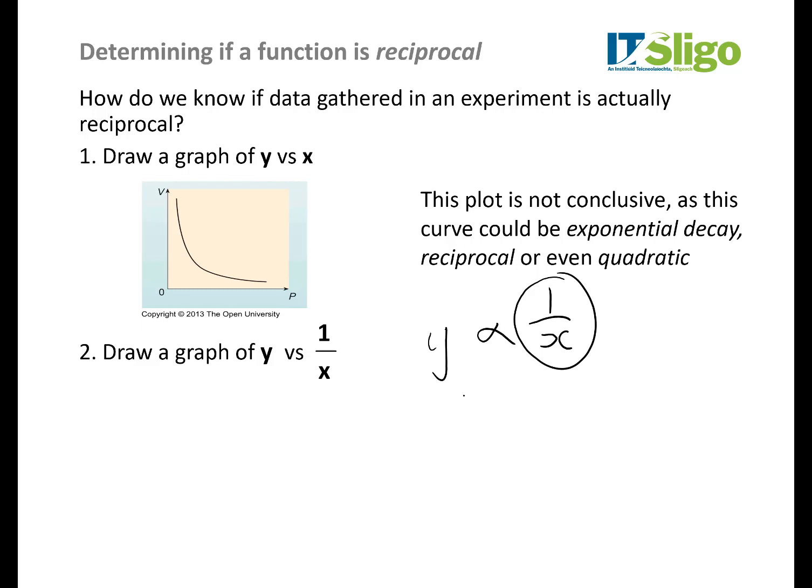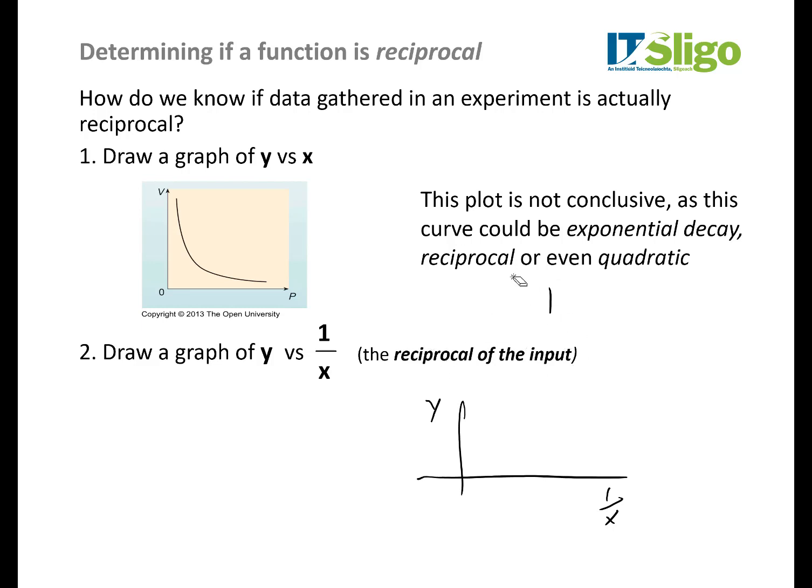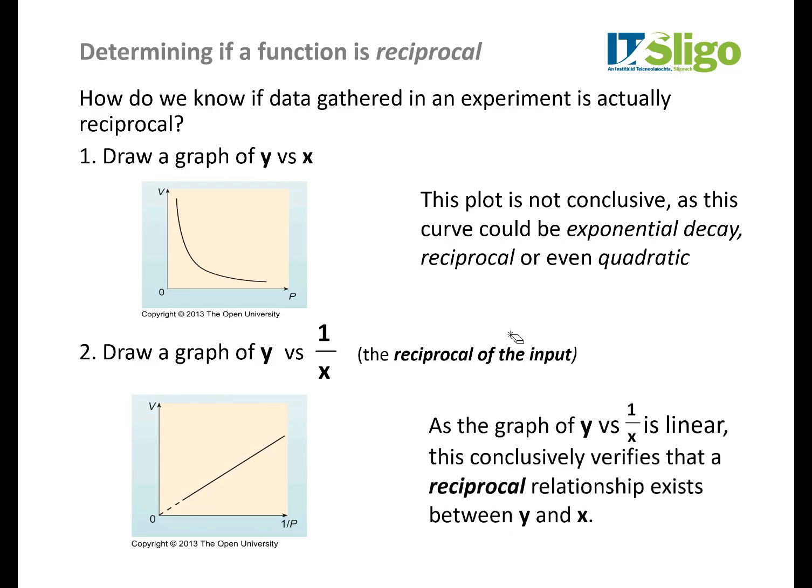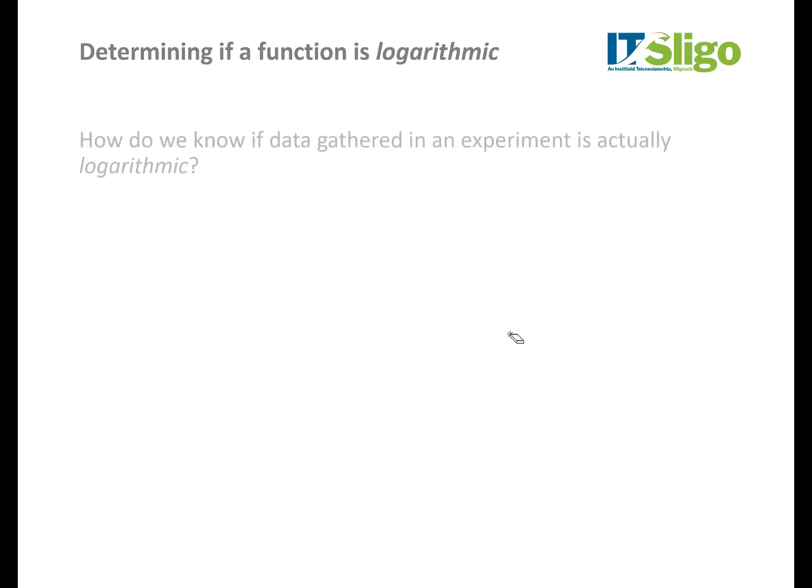Determine 1 over x for each x value, and then plot that versus y. And if we get a straight line, then we've verified that that relationship does exist. So we'll be going over this in more detail, guys, in the next video. I'm just outlining the method initially.